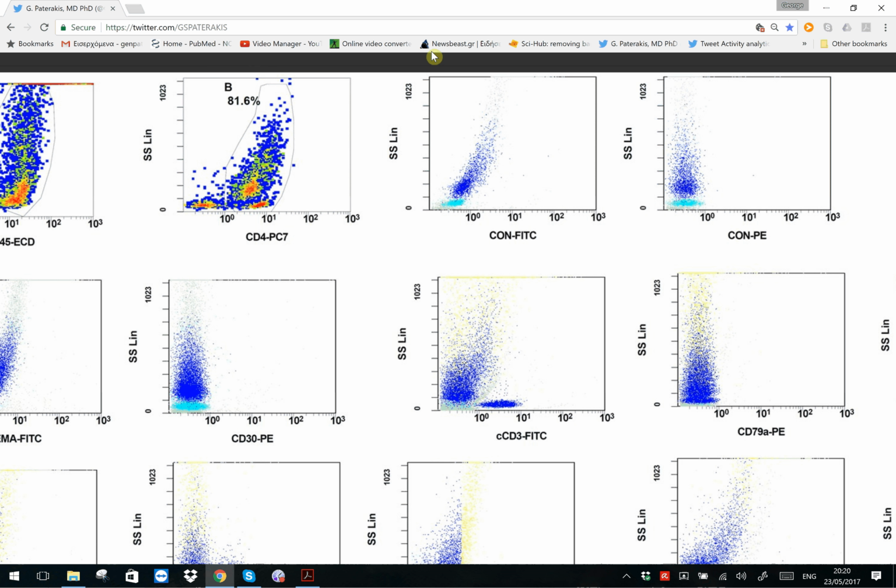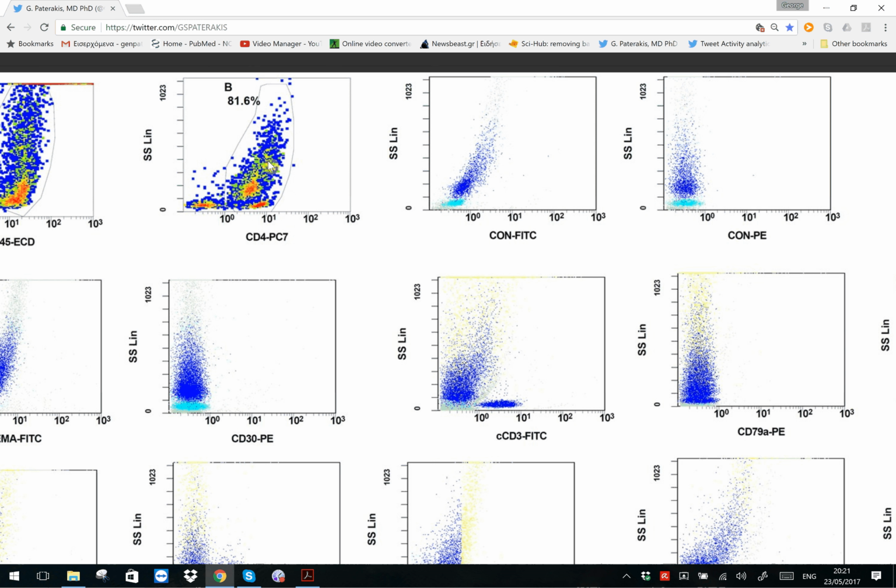Should it be an anaplastic large cell lymphoma? It could be possible because many anaplastic lymphomas are CD4 positive. But it is not proof. A proof would be CD30. And you can see that CD30 is negative.